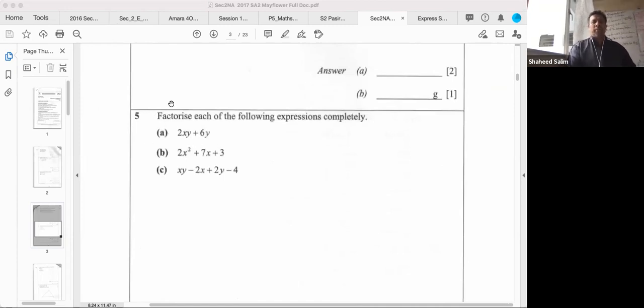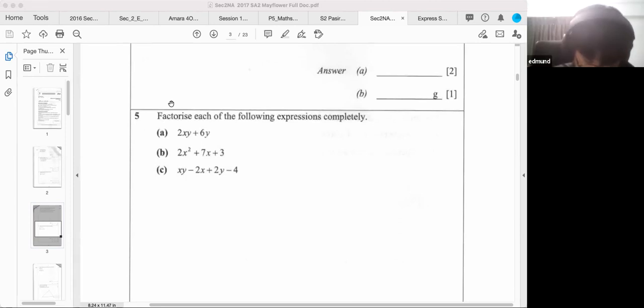We need you to be able to be clear. y x 2y bracket x plus 3. Well done.